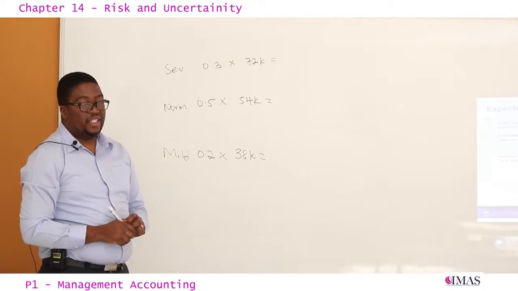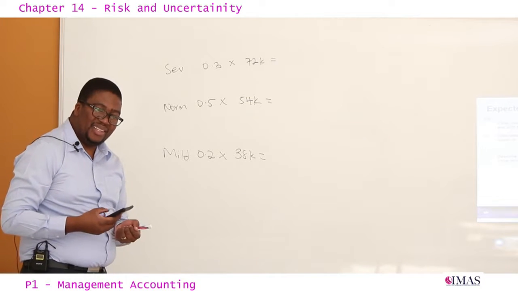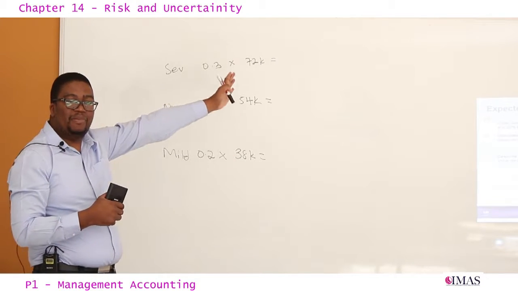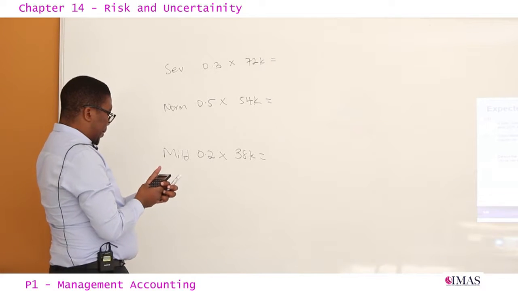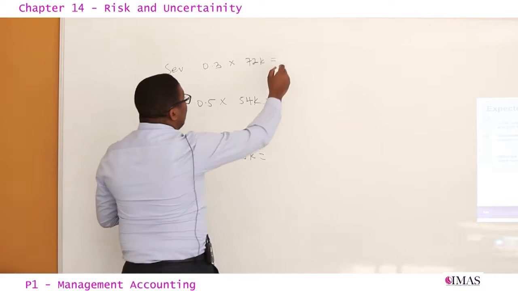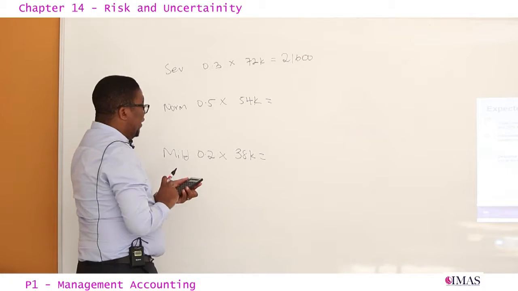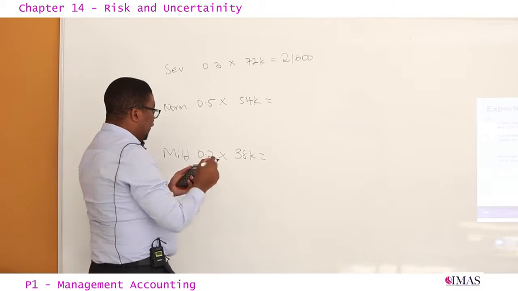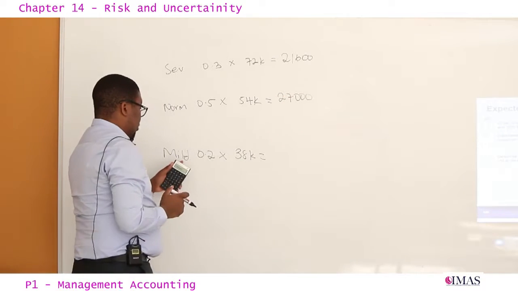Therefore now you're going to calculate the expected value. And we know what the expected value is: it is the sum of all the possible outcomes multiplied by their probabilities. Therefore, 30% multiplied by 72,000 gives you 21,600 units. There's a 50% probability that the demand will be 54,000, and that will be 27,000.